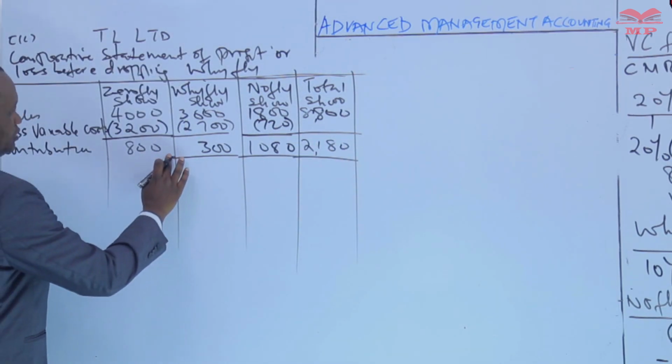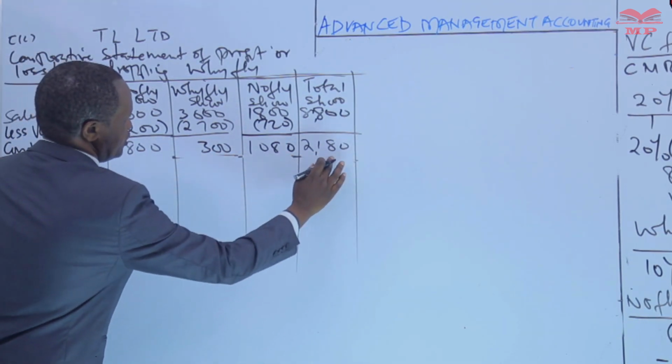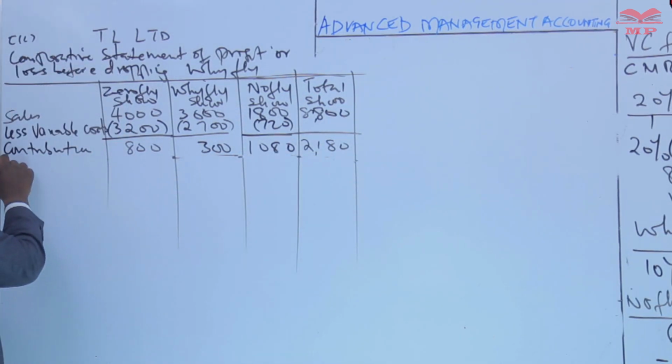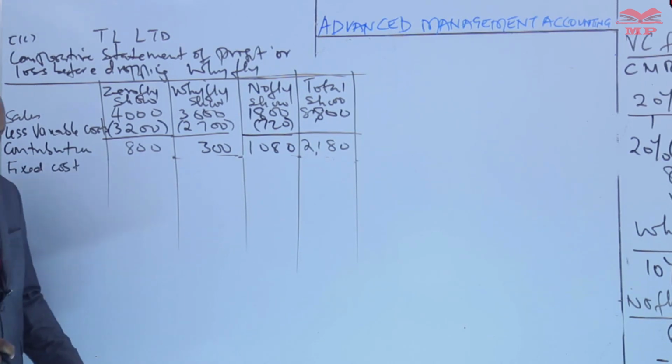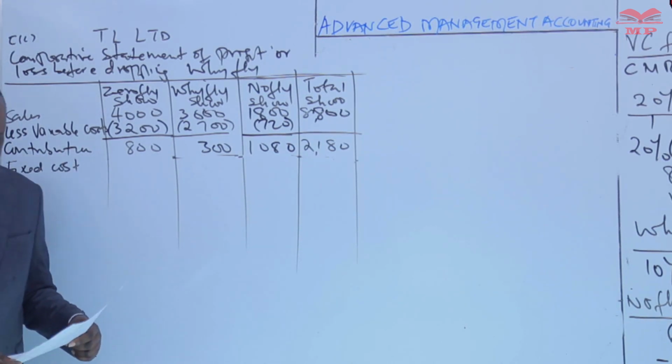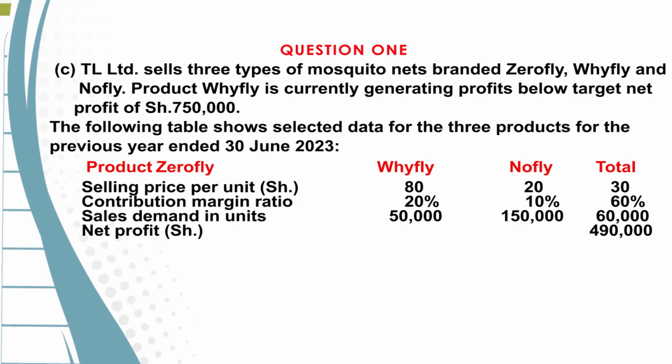I need to deduct the fixed costs. So candidates, the fixed cost information is in note number 4. Unit fixed cost is 6.5.